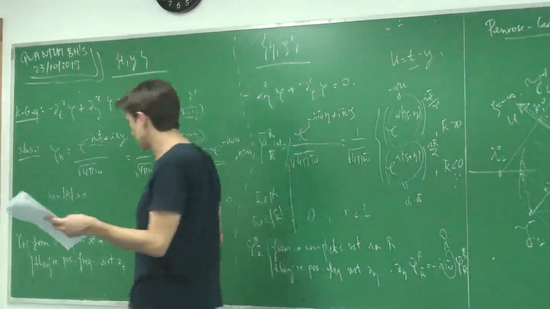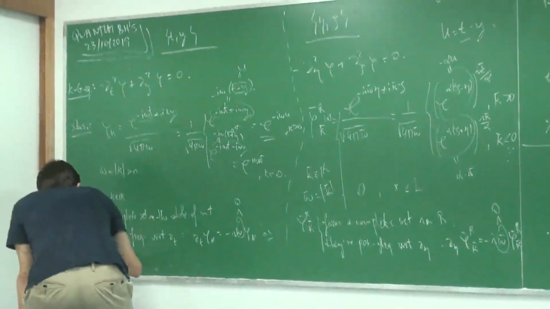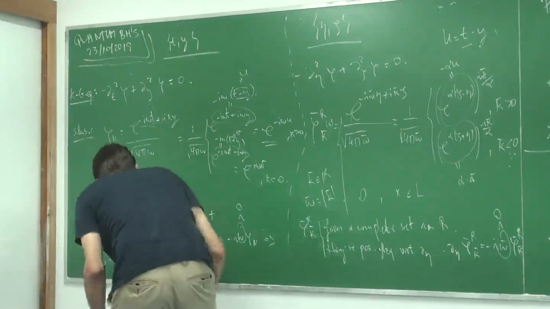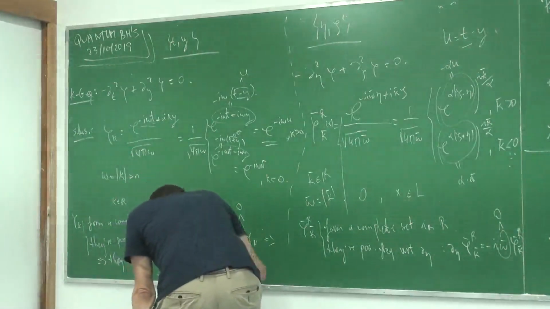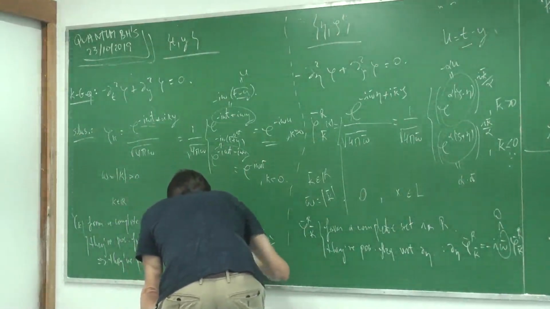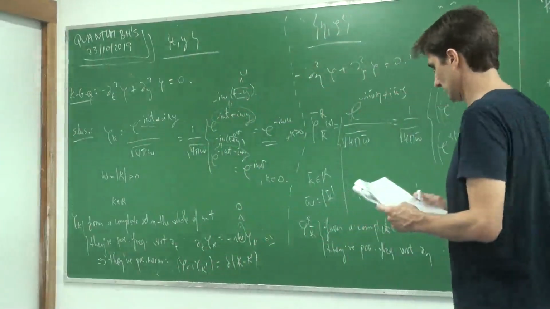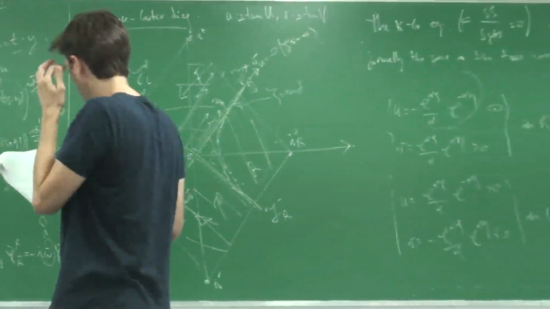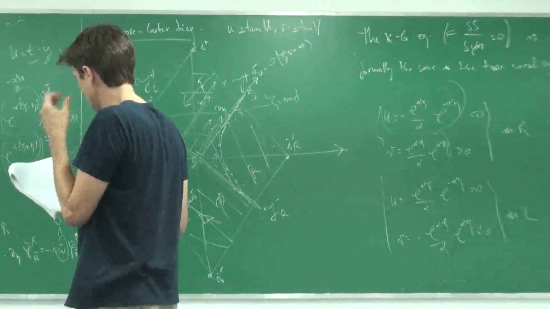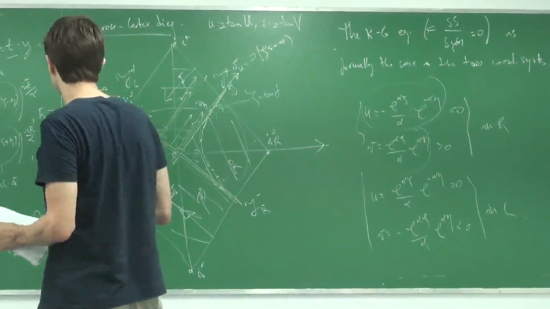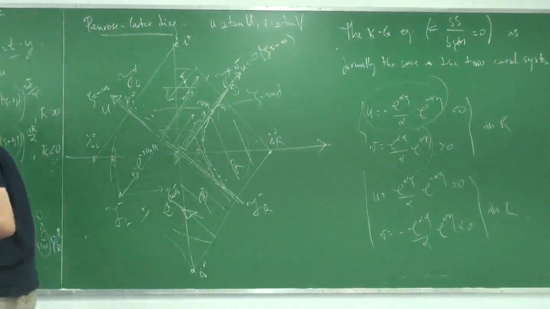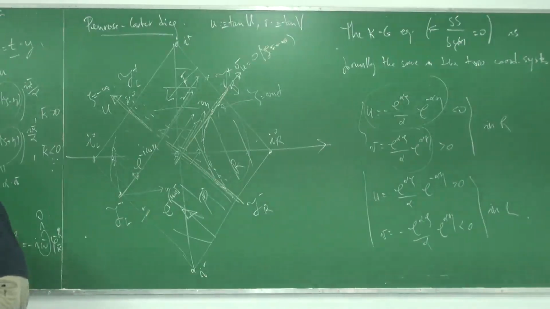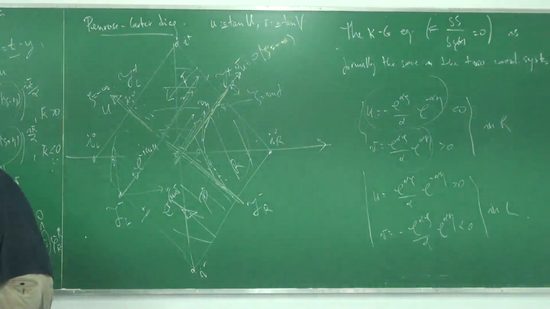This means that I have positive norm. Similarly here, we've got phi bar R k bar times also delta of k bar minus k bar.